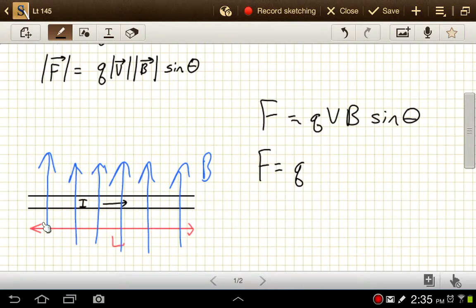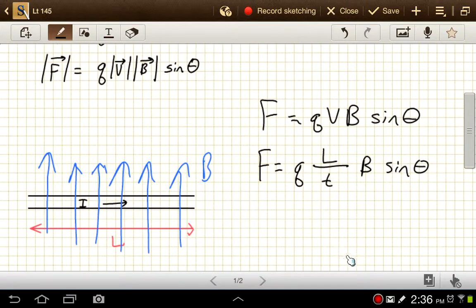So if I've got some length of a wire in here, and we'll call that length L, then the speed that those charges are traveling is the length of that wire divided by the amount of time it takes them to go from one place to another in that wire. And then that's times B times sine of theta.